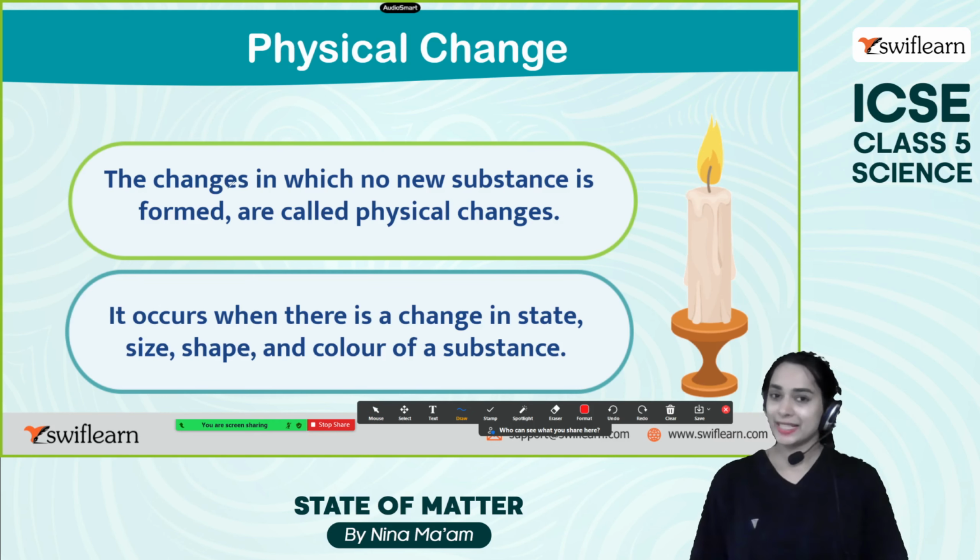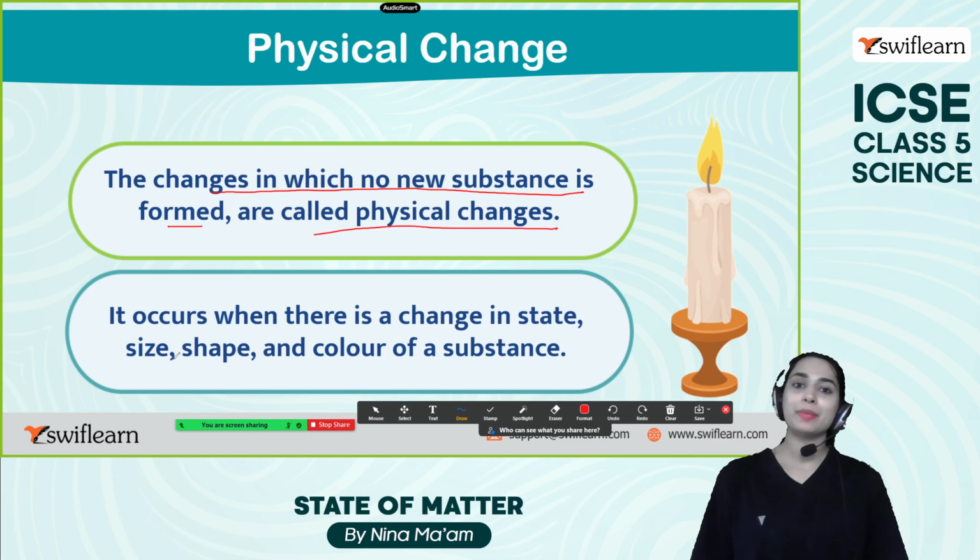When it comes to physical change, the changes in which no new substance is formed are known as physical change, right? So when the ice melts into water, no other substance is formed, just a physical change in its nature and size. So it's called physical change.